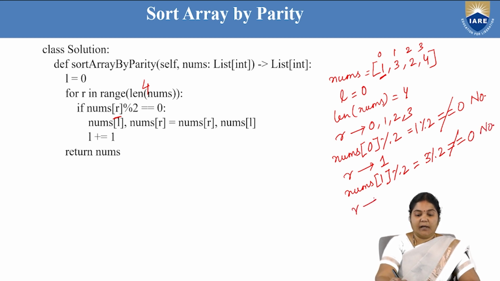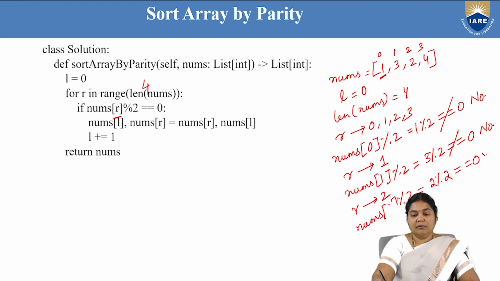So the third time R becomes 2. Then nums of 2 modulus 2. Nums of 2 is nothing but 2. 2 modulus 2 is equal to 0. Yes. If it is yes, then nums of L comma R should be swapped.